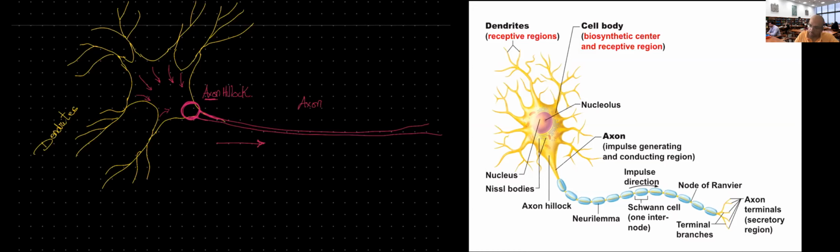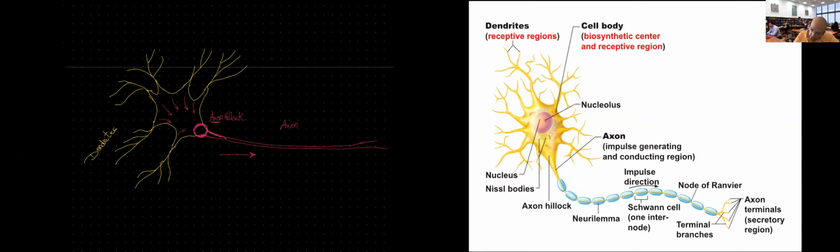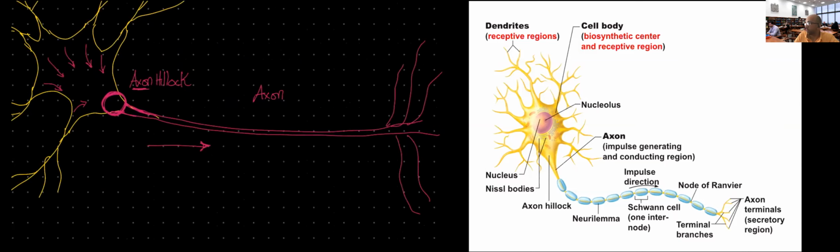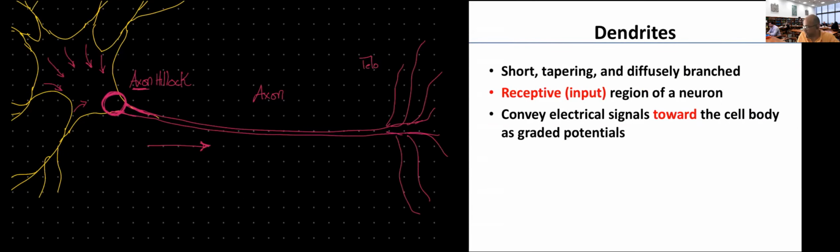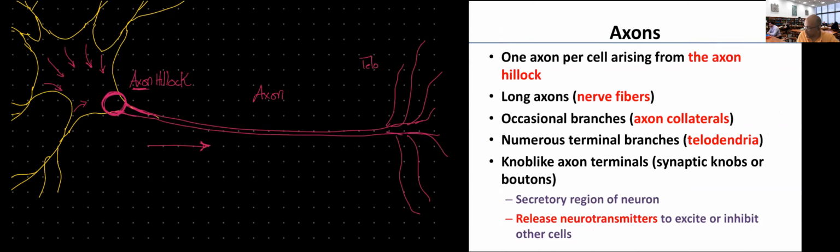The axon has terminal ends like this that look like a tail. We call those terminal ends my telodendria. Those are the terminal branches of my axon.